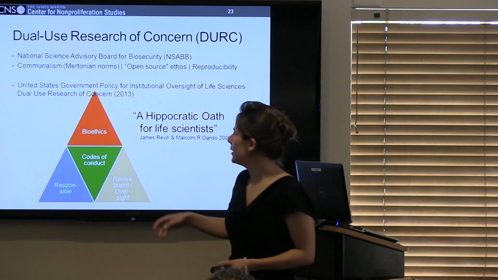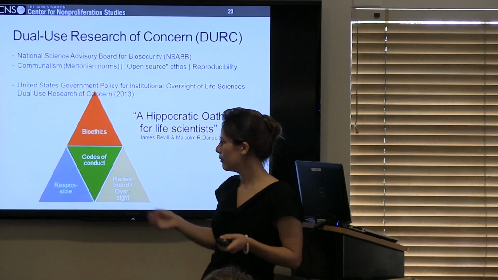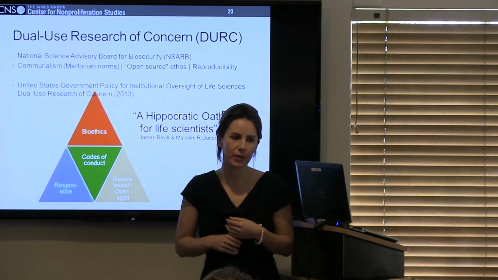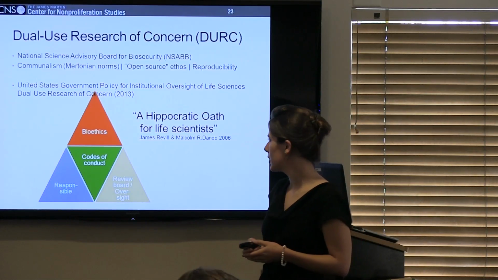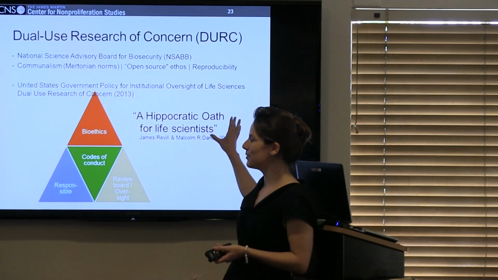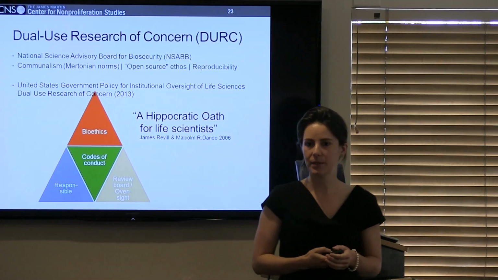So basically, we are developing a strong sense of bioethics by putting in place codes of conduct, trying to engage the life scientists to be more responsible about their research. And the best way to put it, I think, is to say that we need a Hippocratic oath for the life scientists nowadays.